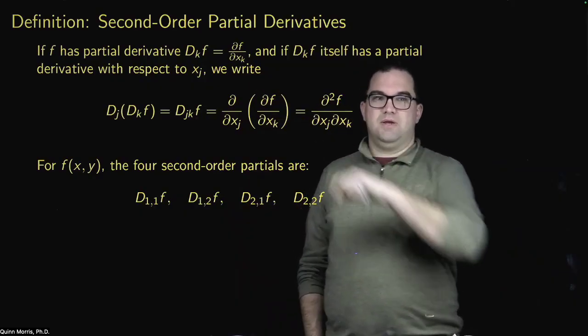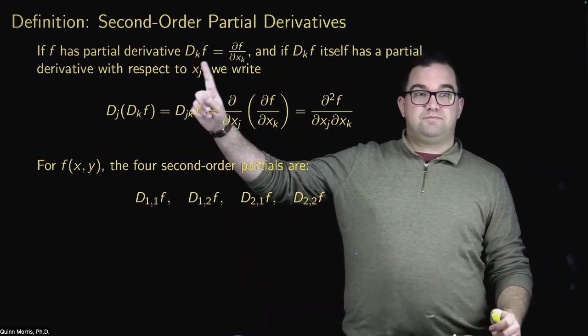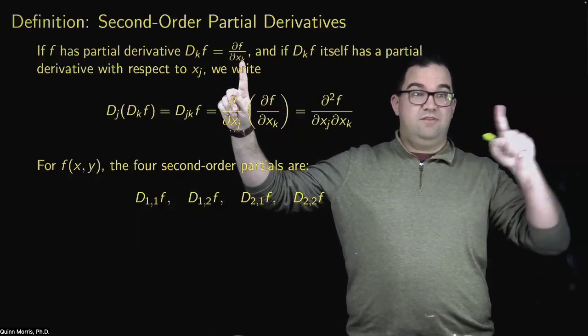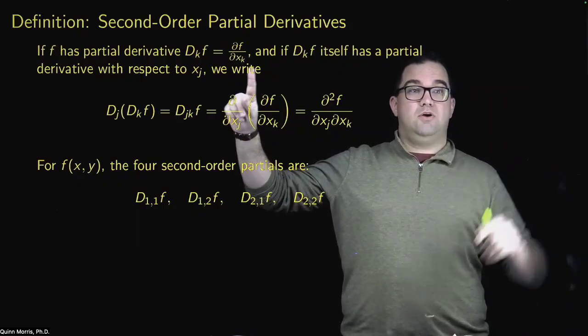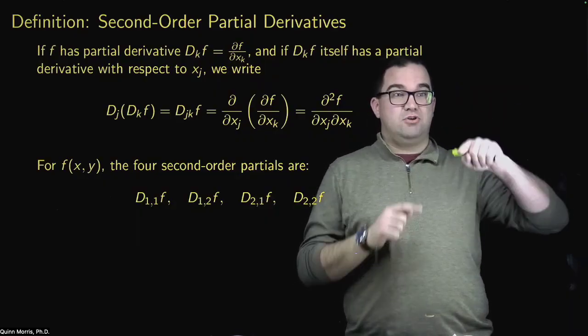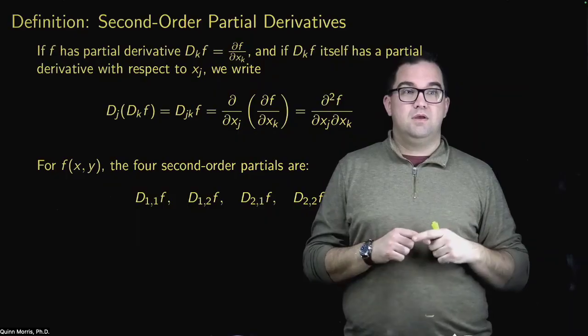Then we might express the derivative with respect to the kth variable in this way. Now, this partial derivative will be a function of n variables, right? So this partial derivative with respect to the kth variable is itself a function of the n variables x1, x2, all the way up to xn.